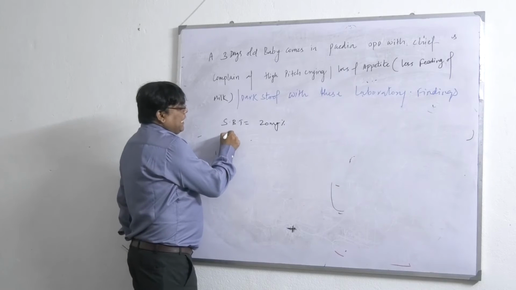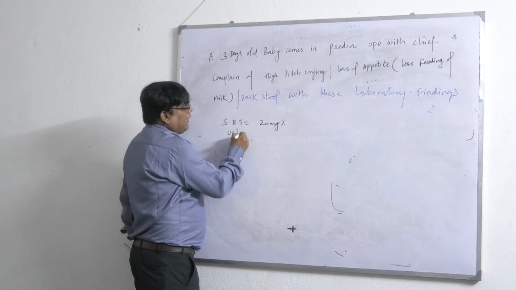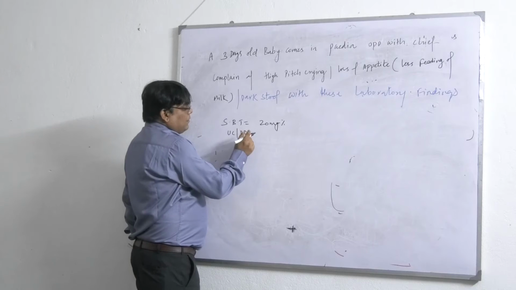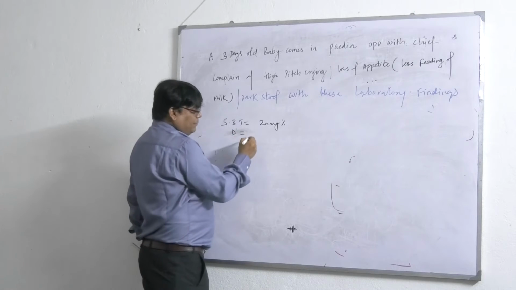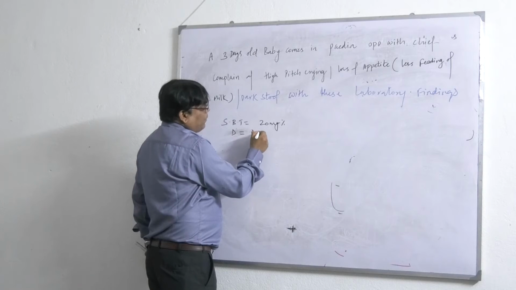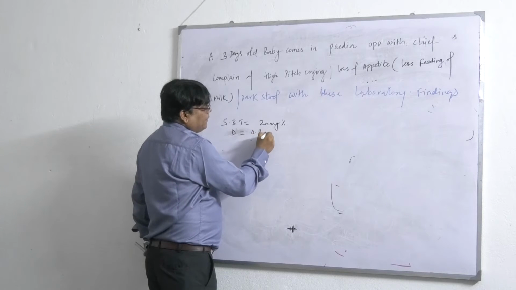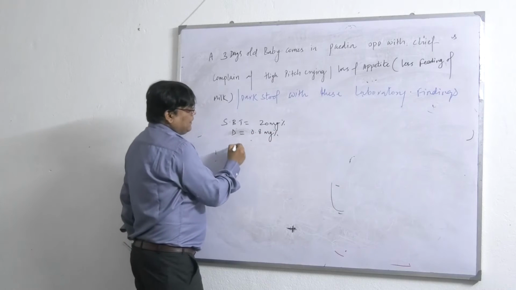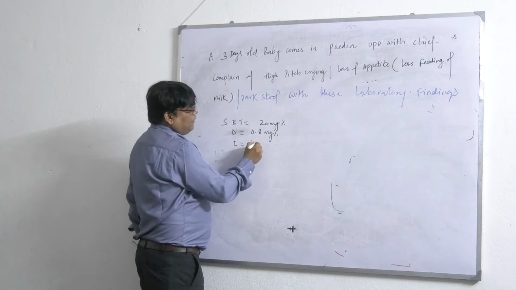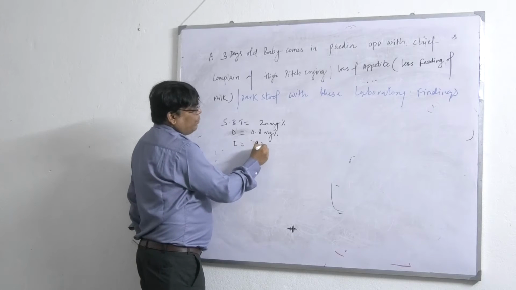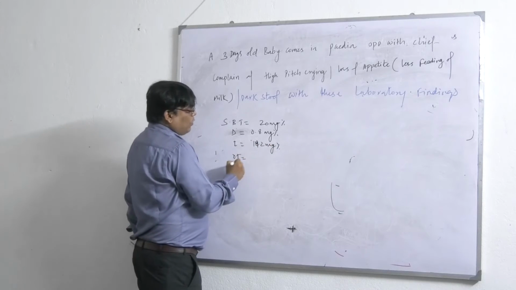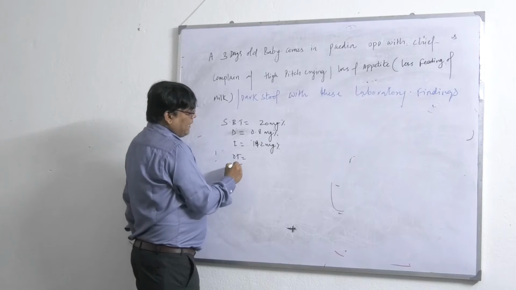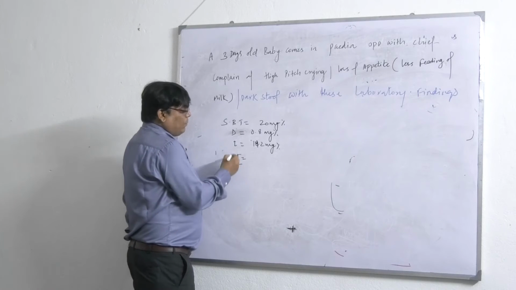The unconjugated or indirect, firstly we calculate direct, is 0.8 milligram percentage and indirect is 19.2 milligram percentage. Okay, PT and aPTT are both normal.